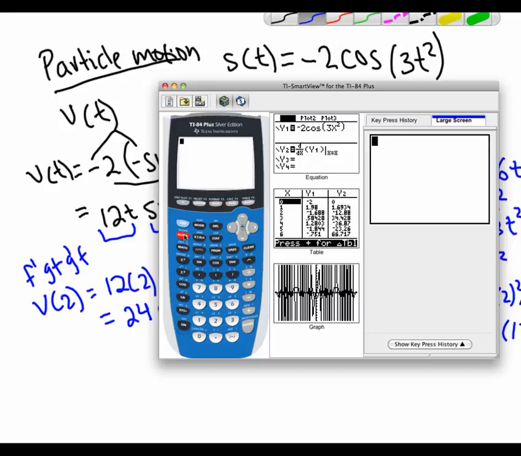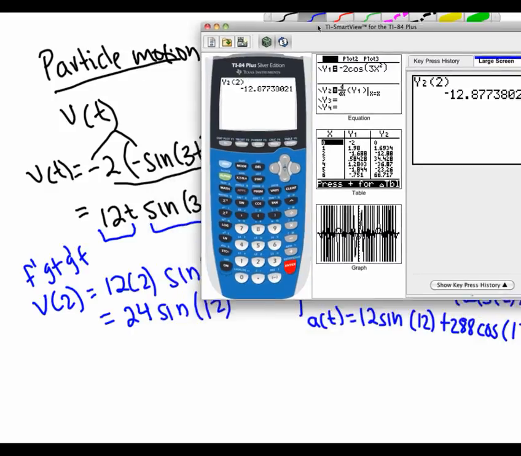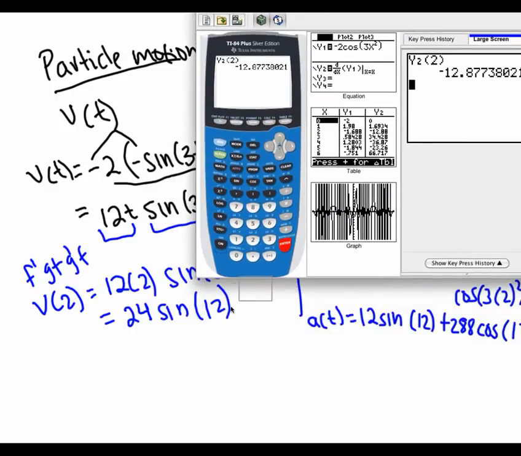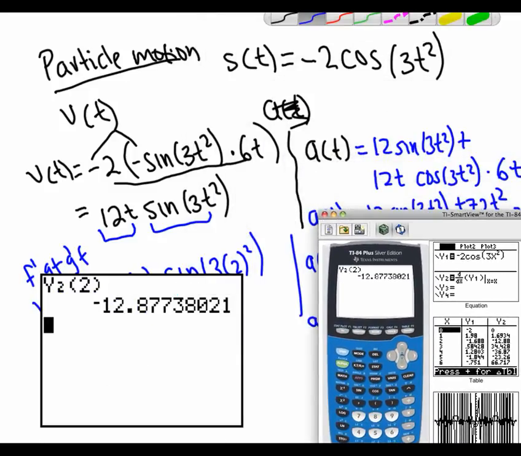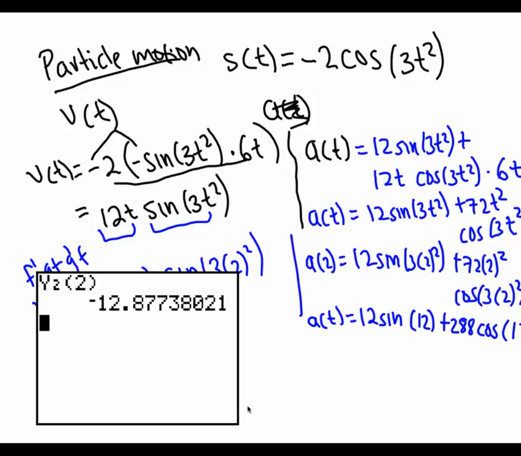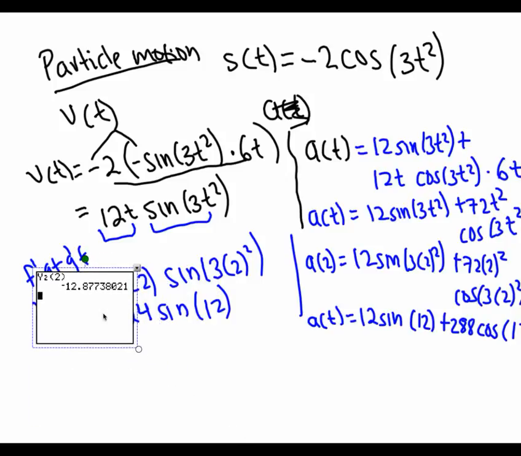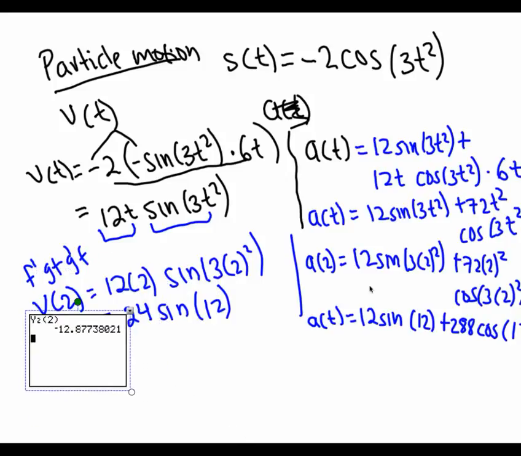So again, alpha trace y sub 2 and evaluate it when time equals 2. And we get that the velocity at t equals 2 is -12.87. That's the value of my velocity.